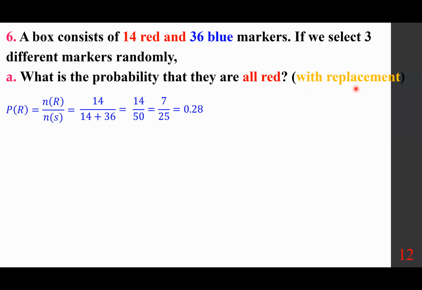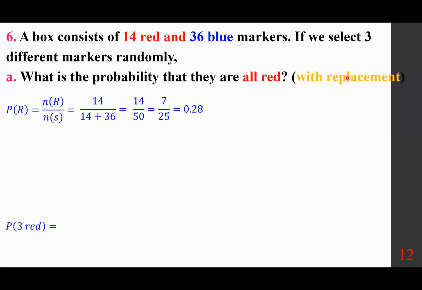And since it's with replacement, it doesn't matter how many times we do it. If we select 3 or 5 or 10, this probability remains unchanged. This is fixed because we put it back, with replacement.